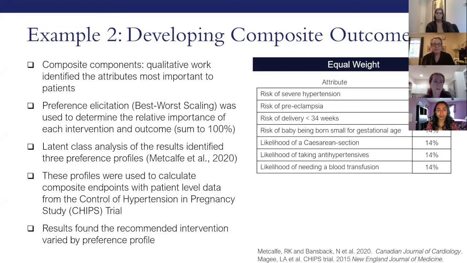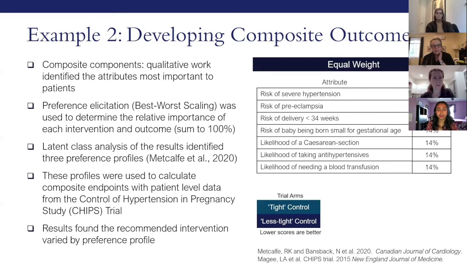This example was led by a PhD student of mine, Rebecca Metcalf. We worked with the investigators of a large multinational trial which had already completed, and did qualitative work with patients to understand which of the outcomes mattered most, which are on the right-hand side. Then we did preference elicitation of a large sample of pregnant people to find their informed preferences for the trade-offs between these outcomes.